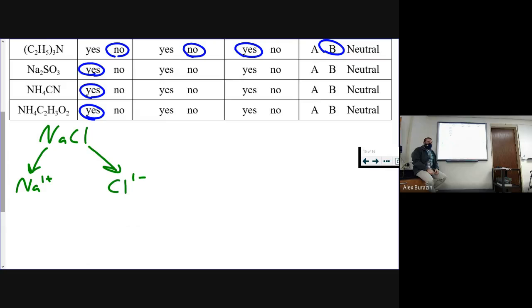Okay? This sodium is the conjugate acid coming from a base. This chloride is the conjugate base coming from some acid. The way we look at this now is, what base would sodium have come from?